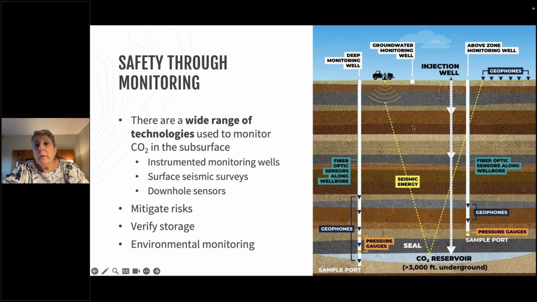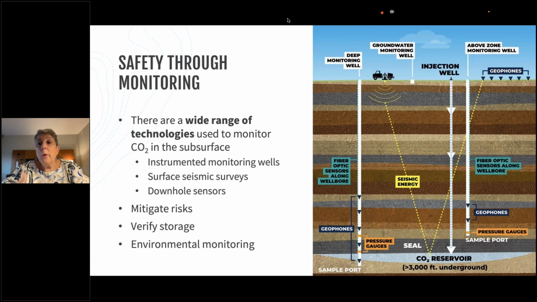We also do a significant amount of characterization. One of the ways that monitoring works is that we collect data before, during, and after injection so that we understand the environment before any wells are drilled, before any carbon dioxide is stored, during the storage operations, which can last 20, 30 years, and then post-injection after the system is closed according to EPA standards.